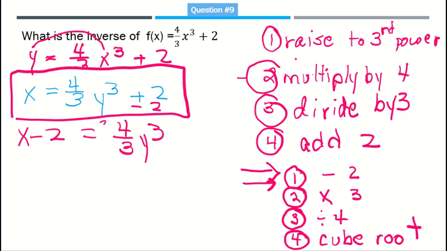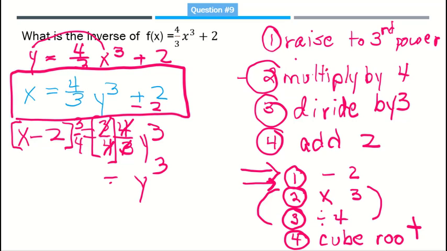We could actually do this in one step. We could multiply by 3/4, which is the same thing as multiplying by 3 and dividing by 4 at the same time. Let's go ahead and take these two steps together. So we're going to multiply both sides by 3/4. And then that will cancel the 4/3 here, and we're left with y to the third power equals 3/4.